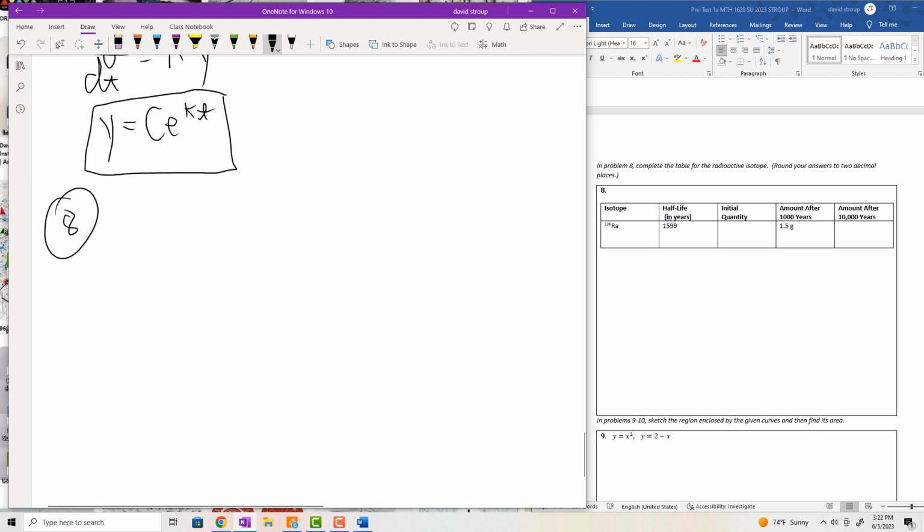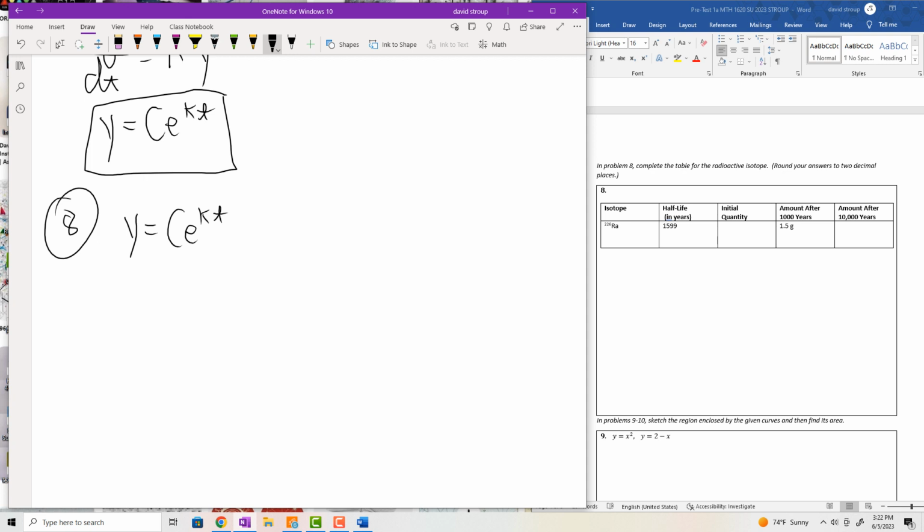So for example, number 8, we're given that the half-life is 1599 for this radon. And then we're also given the amount after 1,000 years. So we begin just by writing our template formula. We need to solve for C and K. So use the half-life first.